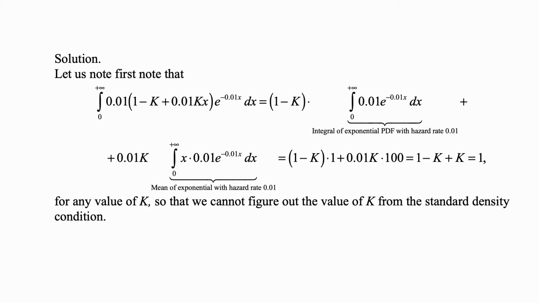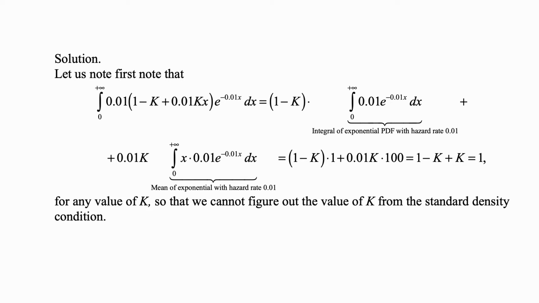This is the integral of the exponential distribution probability density function with hazard rate of 0.01, plus 0.01 k times the integral from 0 to plus infinity of x times 0.01 e to the minus 0.01 x dx.